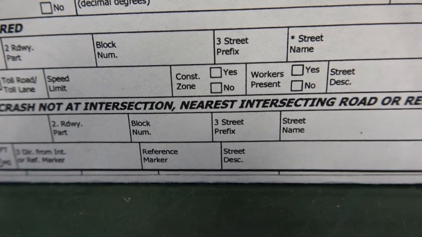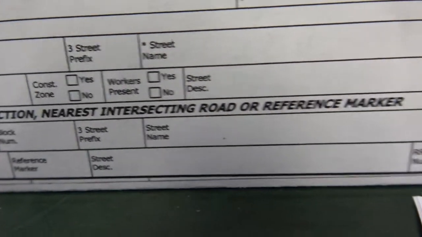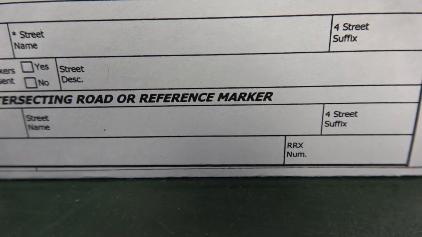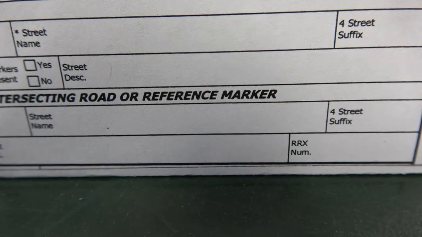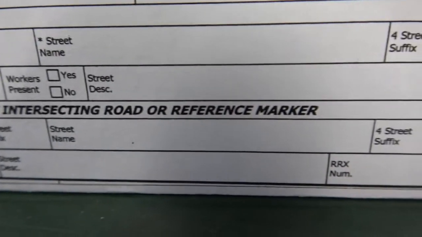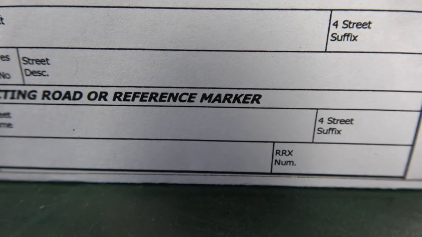To be a construction zone, it has to be properly marked as a construction zone. Street description. This is the only space on the accident report you can put what you would like to put to remind yourself of the accident. For instance, if you put the exact address of the parking lot, put the name of the business here to help remind yourself.